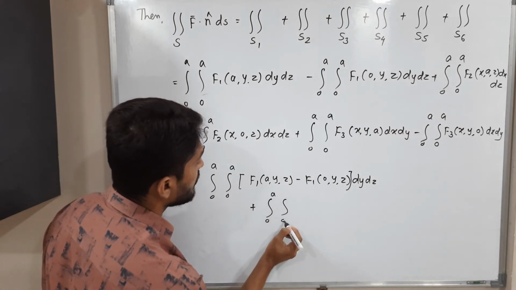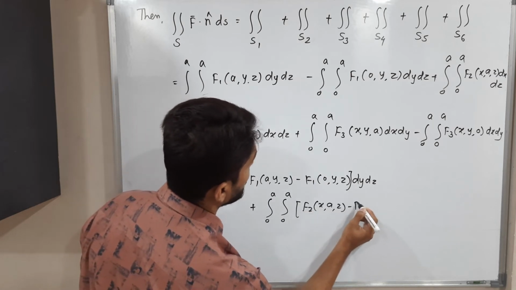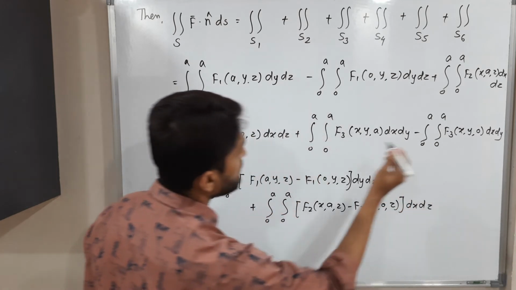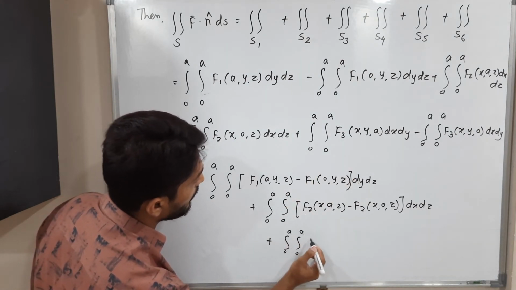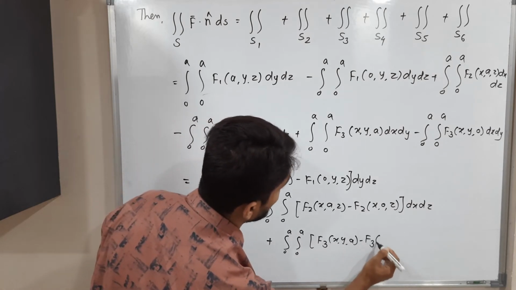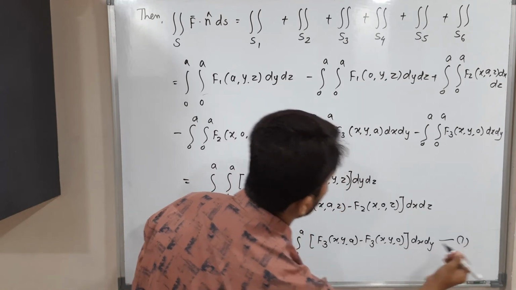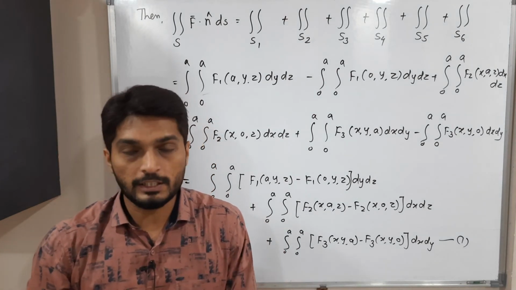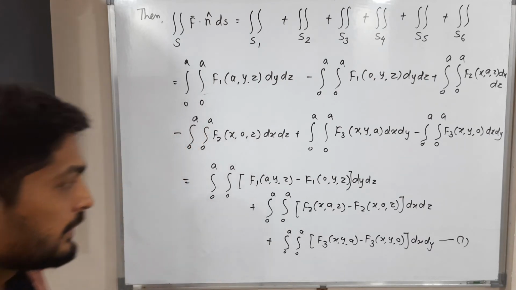So the integral from 0 to a, 0 to a, of f2 of x a z minus f2 of x 0 z dx dz. Let us do the same for the last two integrals. So this is the integral from 0 to a, 0 to a, of f3 of x y a minus f3 of x y 0 dx dy. Okay, so I am calling it equation number 1. So here we got the value of the left hand side, the value of the surface integral. Now we have to work on the right hand side, that is a volume integral. So make a screenshot of it first, then I will go further.